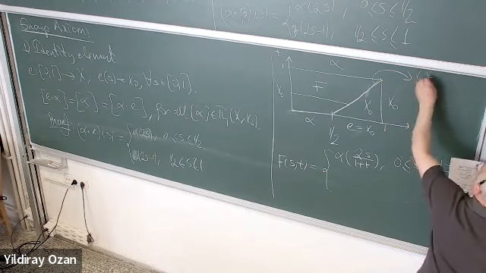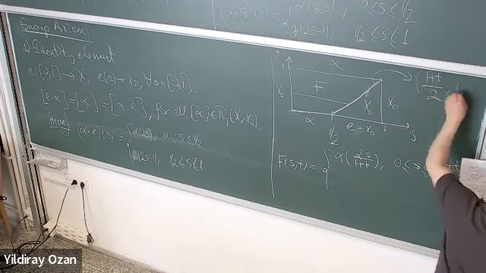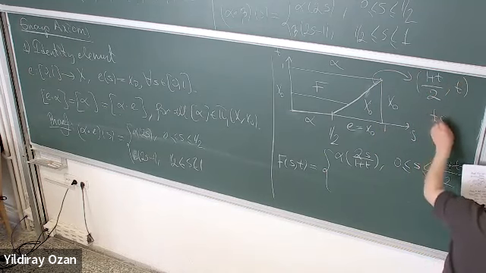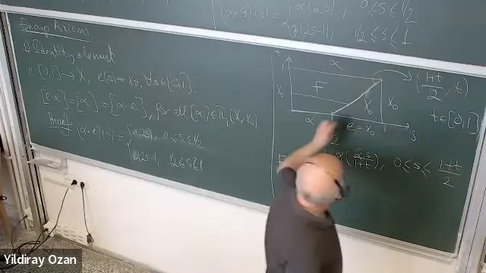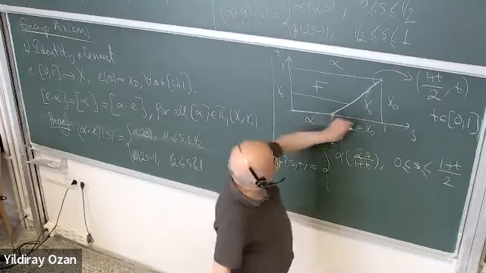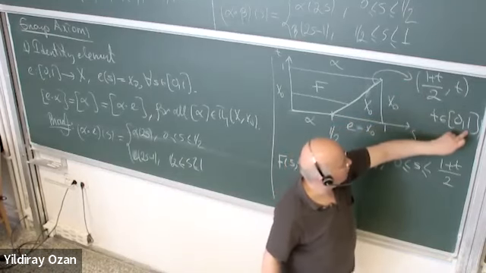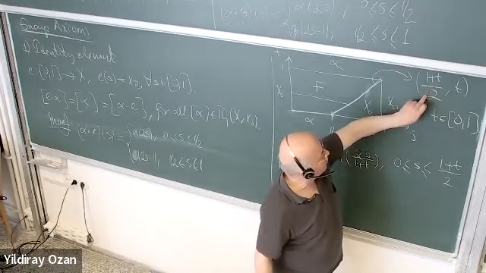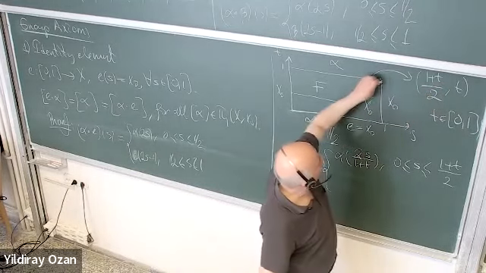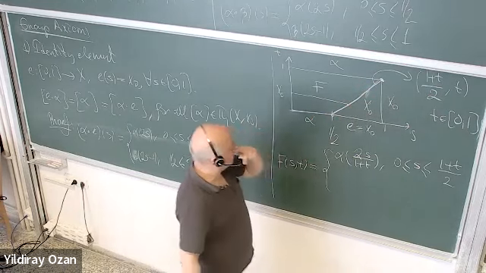This is just 1 plus t divided by 2t as t ranges from 0 to 1. So at time 0, you are at this point because it is 1 over 2 comma 0. At time 1, you are at 1 plus 1, 2 divided by 2, 1, 1, 1. So you are at this point.